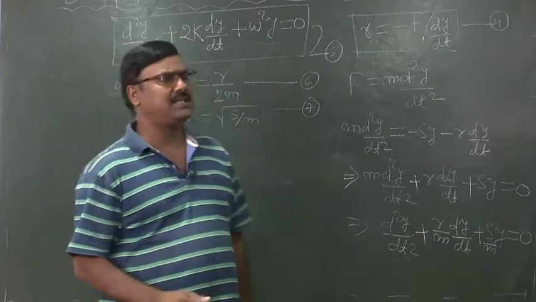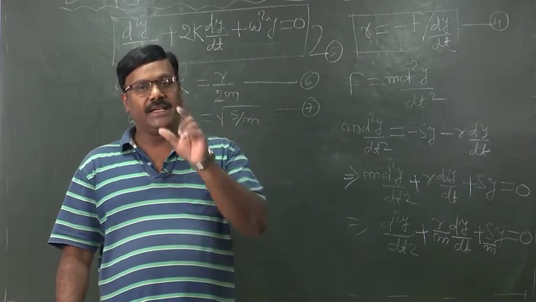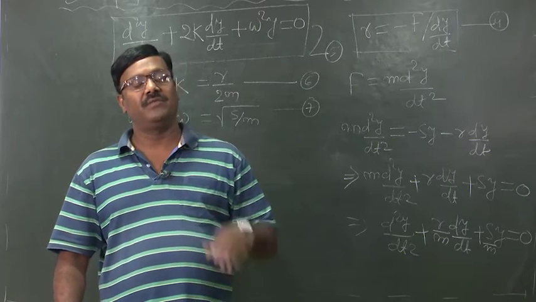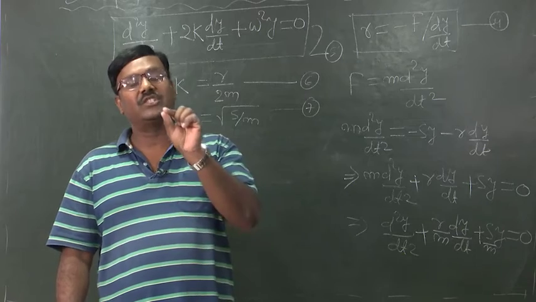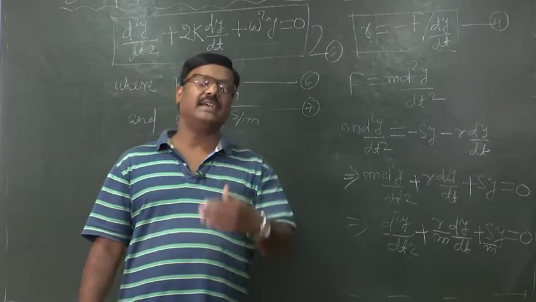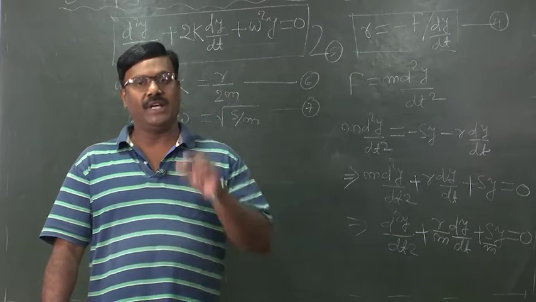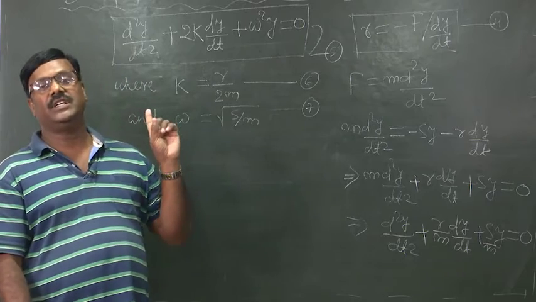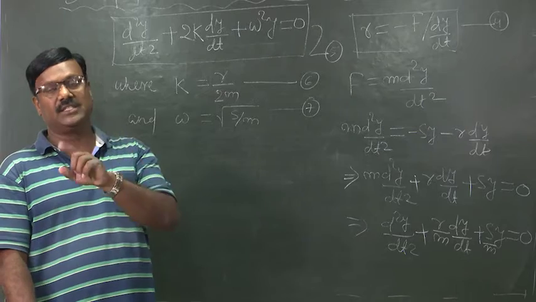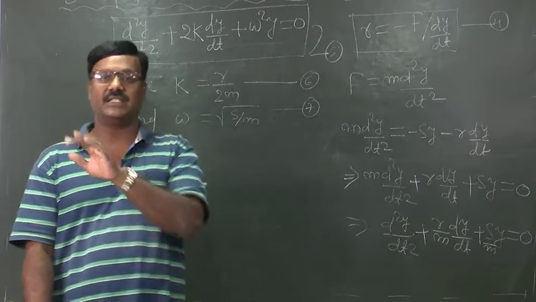Exactly as in our previous classes, in solving the differential equation of SHM, first we chose a solution like y is equal to a sin omega t. Then by taking its derivatives time and again, we arrived at the given differential equation. That is why what we chose is the correct solution of the differential equation of SHM.